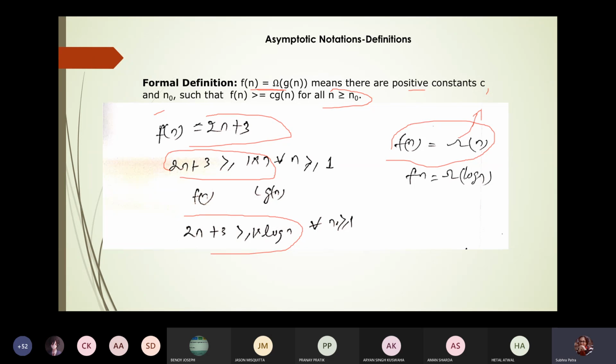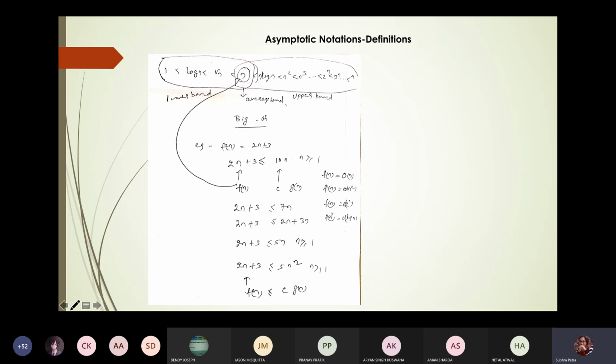That is the boundary value for which we are getting the exact time complexity, here called omega n, and that can go in this direction also. That's why we are taking all the lower bound cases for omega n.